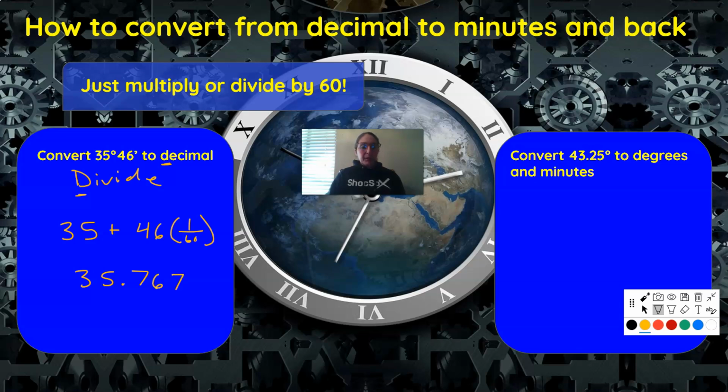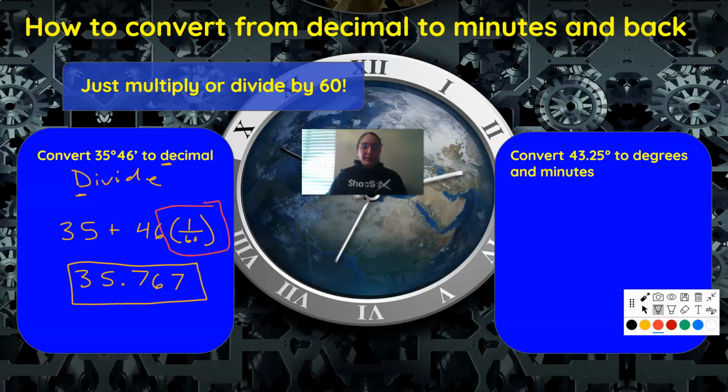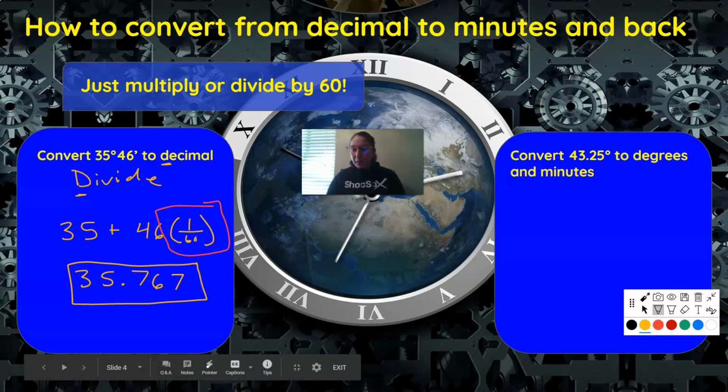And I'll just round it off that way. So again, the key when you're converting to decimal, you divide. And here is the kind of highlight step right here.